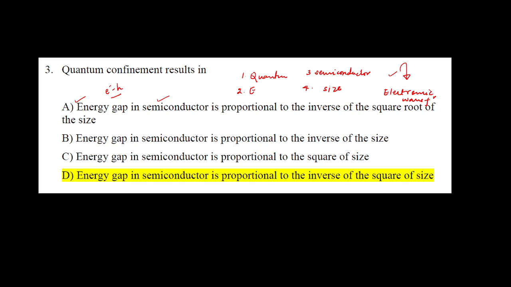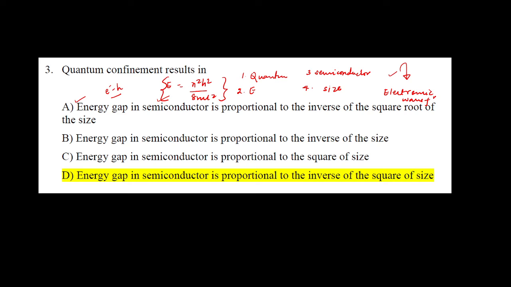Let's take an example of a particle in a 1D box. So we have an electron in a one dimension box. And what is the energy relation? The energy relation is n square h square over 8 m l square. This is the energy relation from quantum mechanics for a particle in a one dimension box. In this particular question, the dimension is not defined, so I'm taking an example of a one dimension box, or you can take two dimension, three dimension, it doesn't matter.